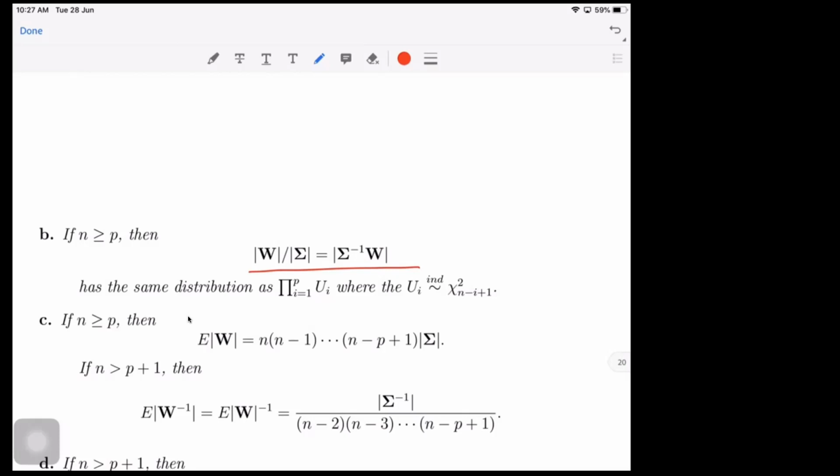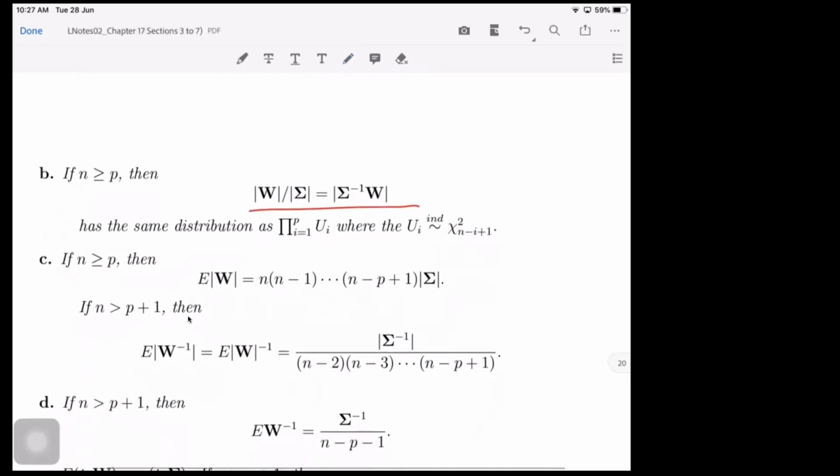Determinant of W over the determinant of sigma. Actually, when we are talking about matrices, ang kanang murag absolute value will be the determinant. We'll have the same distribution as the product of U, where each of the U_i there are independent.